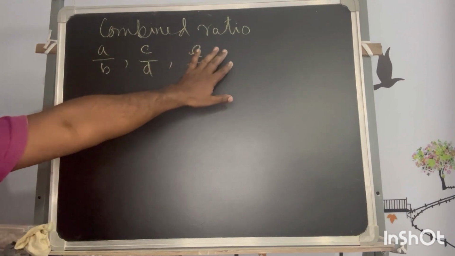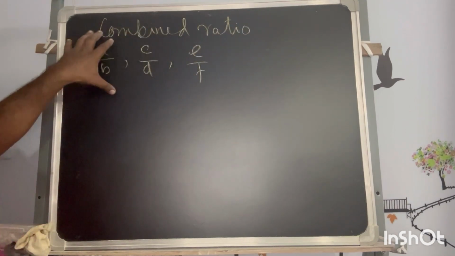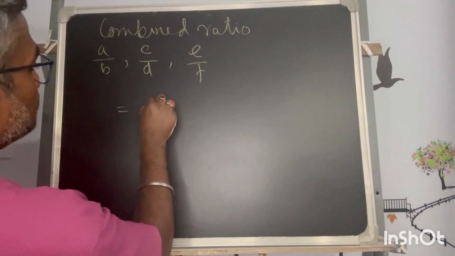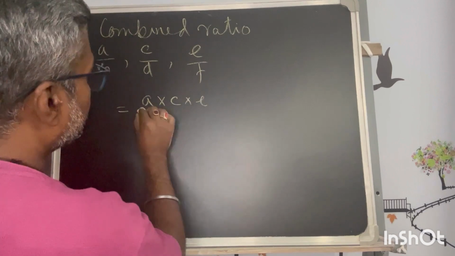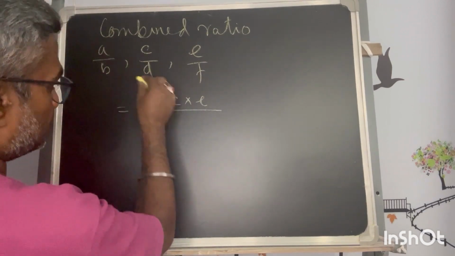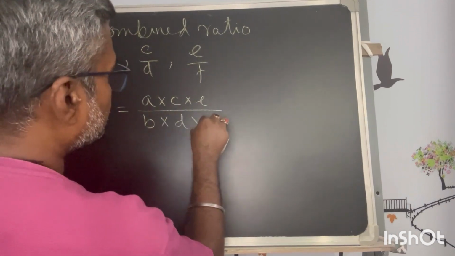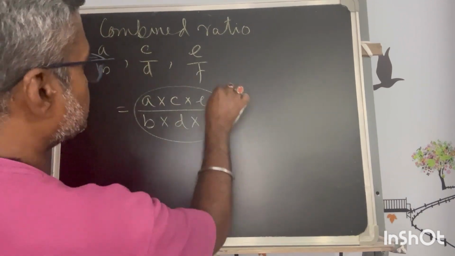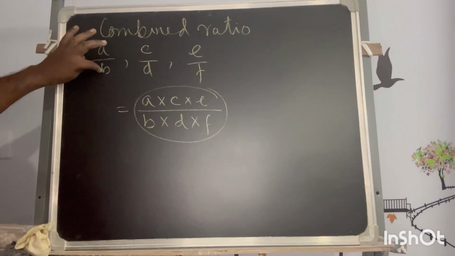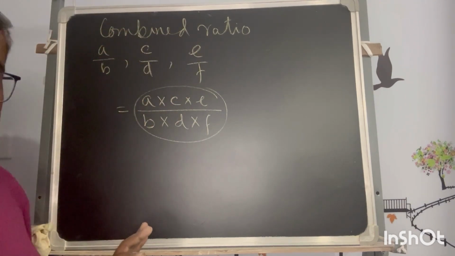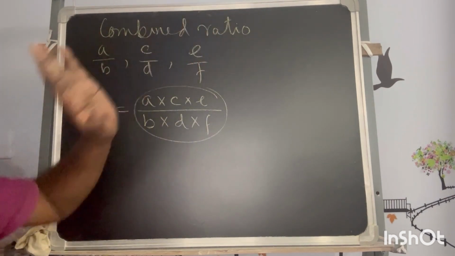Those are not equal ratios, those are three individual ratios being given, and if you have to find the combined ratio, your combined ratio will be multiplying all antecedents divided by all consequents. So this is your combined ratio: multiply all these antecedents, multiply all these consequents. So you will get this value, and this is called the combined ratio.